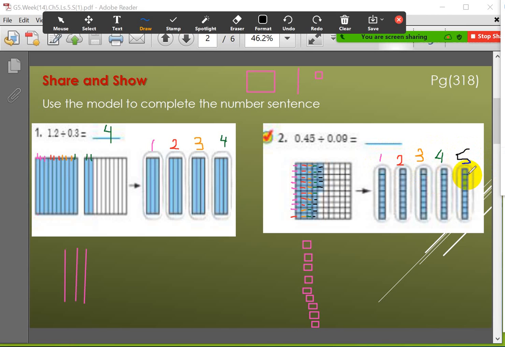Already the groups are divided. So I have 5 groups. Each group has 9 small cubes. So the answer for this division is the number of groups, which is 5. Okay, girls? This is how I will divide.